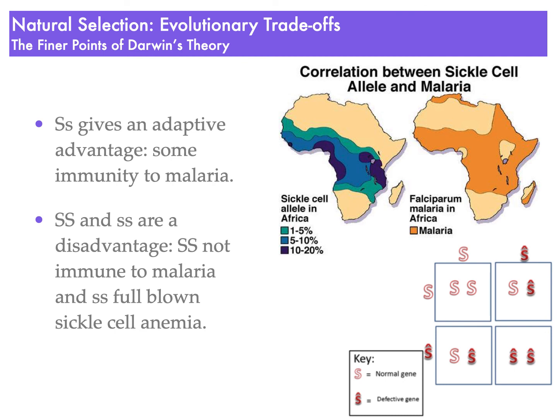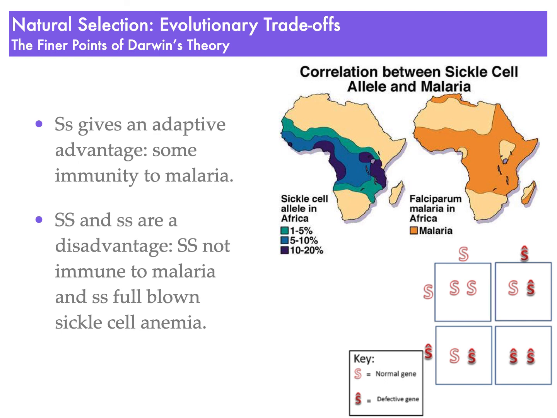So since we're at the point now where we understand Punnett squares, let's make a Punnett square. Check this out. If you have big S or little s, you are not at an advantage in places that have malaria. In my key down here, the S that's not filled in, that's not red with the little top hat, is the normal gene.